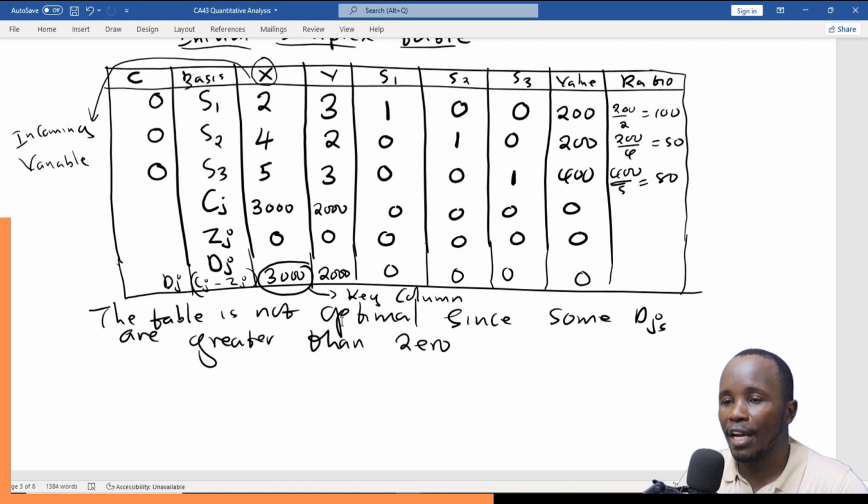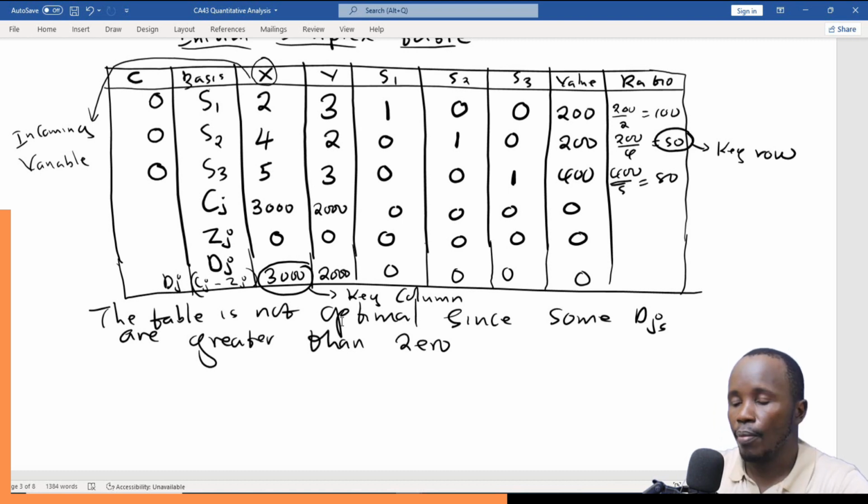I hope you have noticed what I've done. The first step, I've identified the key column. Then I've identified the incoming variable. I've taken the coefficients of the key column and divided the values by those coefficients. Then from the answers you get here, you choose the least. Here the least is 50. This one is called the key row.